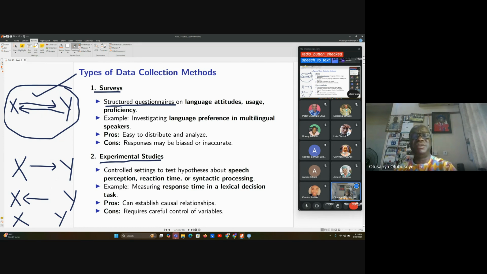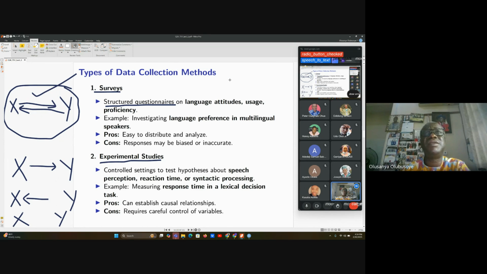That's a major benefit of experimental study, which is difficult to establish in survey. You can't use survey to say that A is causing B, or Y is causing this. You can establish relationship.